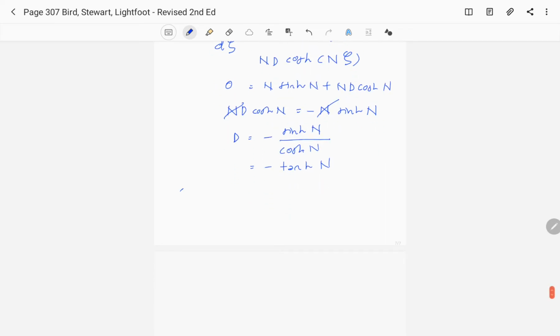Okay, then your final expression of your theta will be cosh n distance minus tanh n sinh n multiplied by this variable of distance.